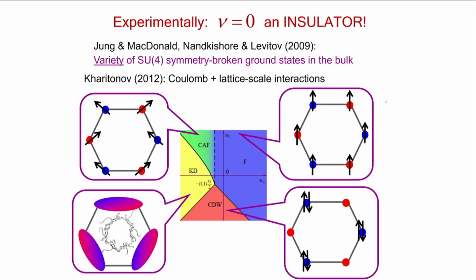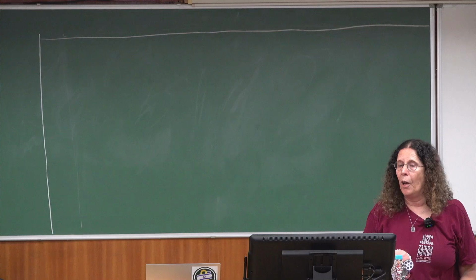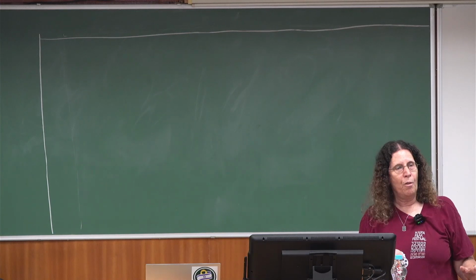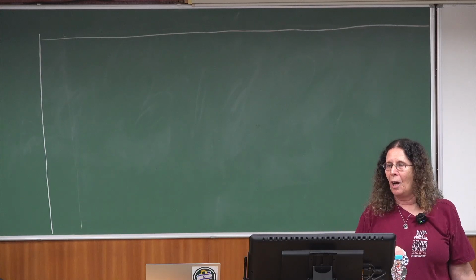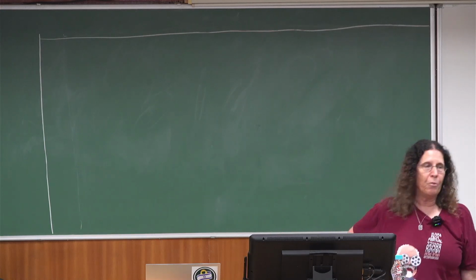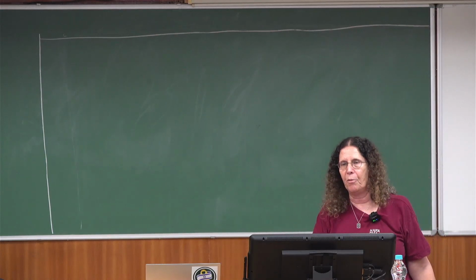And the Coulomb interaction, if you just write the term in the Hamiltonian that describes it, is completely symmetric under all the indices. So it cannot distinguish between spin and valley, okay? And therefore, just Coulomb interaction, e squared over r, does not help in choosing which ground state you'll have. You can have various ground states, and they will all have the same energy.